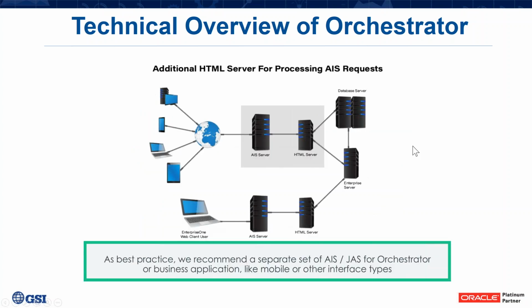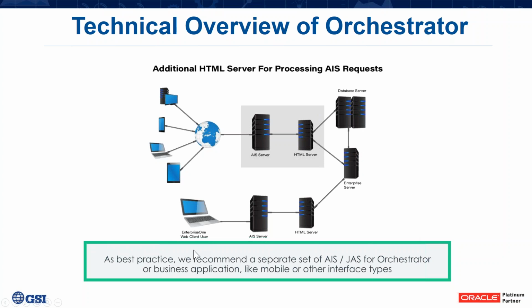So I wanted to give a best practice recommendation. One of my friends did a presentation on Orchestrator with me last summer. We did this slide, and we've talked with others. Oracle recommends this. GSI recommends this.